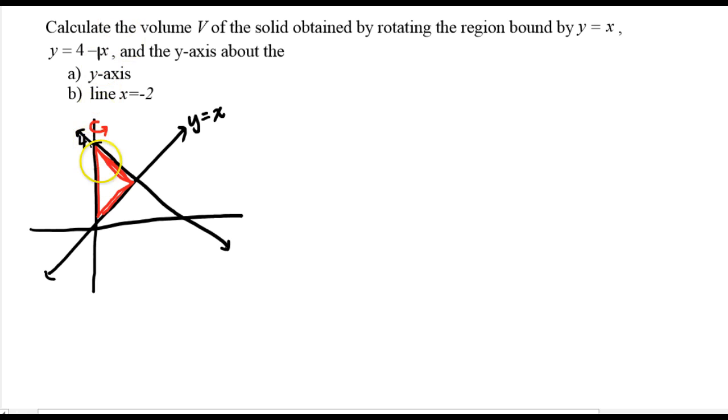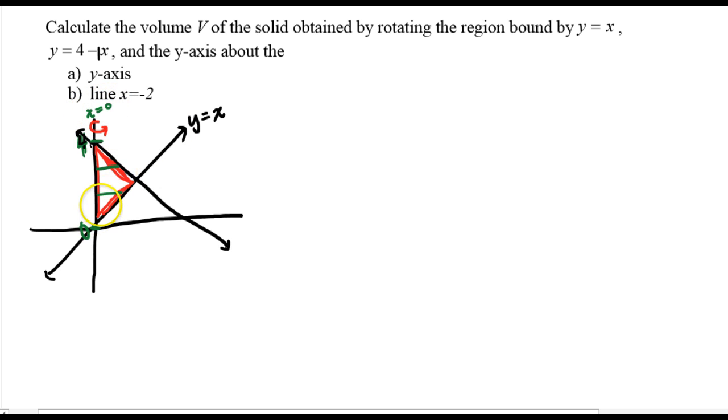However, the disks are going to need a radius that extends from right to left, and my limits of integration are going to go from 0 to 4. That's where this region extends, from 0 up to 4. But the problem is that if I pick a radius right here, the right function is y equals x, and the left function is the line x equals 0.